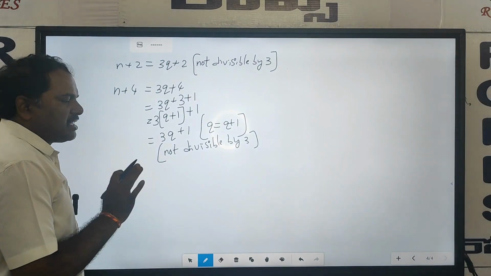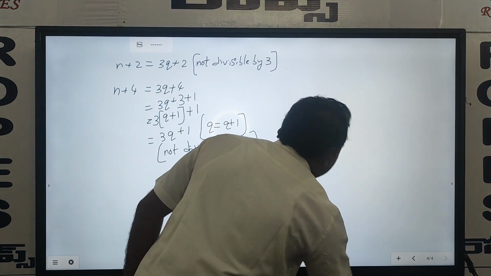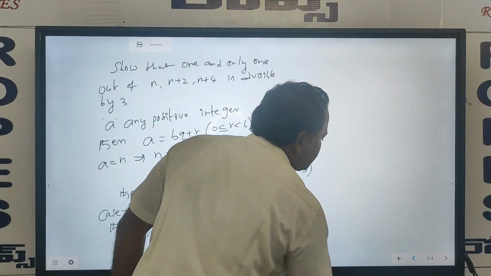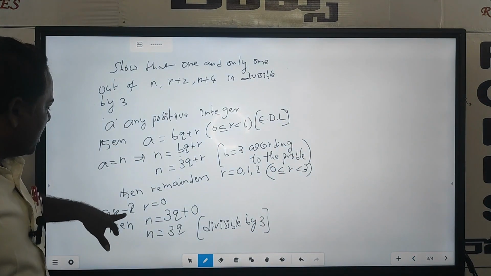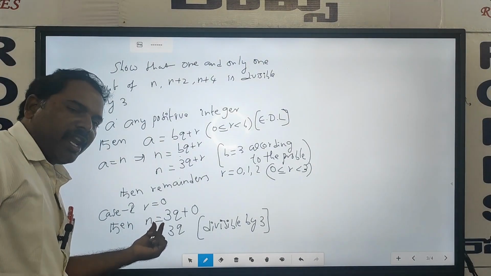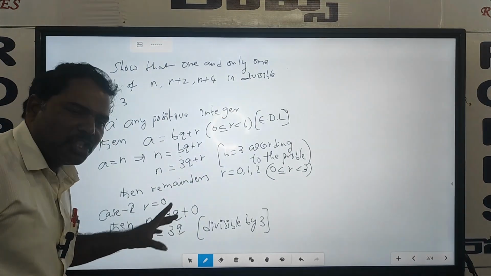So in the first case, where r is equal to 0, only n is divisible by 3, when the remainder is 0.